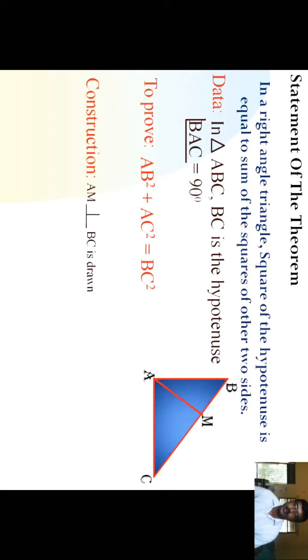So with this construction, I got two baby triangles here. One is triangle ABM, another one is triangle AMC, and they are also right angled at the vertex M. So this is the extension that I am getting by doing a slight construction work here.